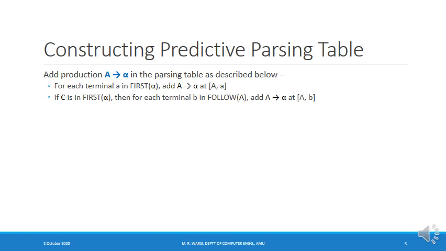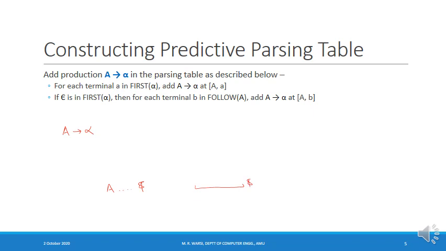So let us say I have picked up the production capital A derives alpha, and I have to determine where in the parsing table this will get added. For the time being, let us assume that the parser is in the configuration where capital A is on top of the stack and I have some string in the input buffer.